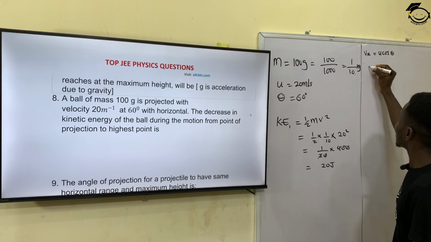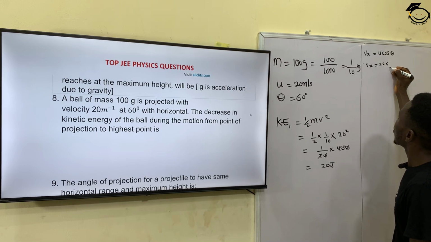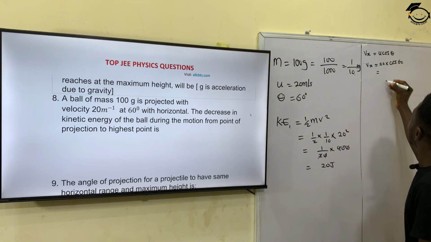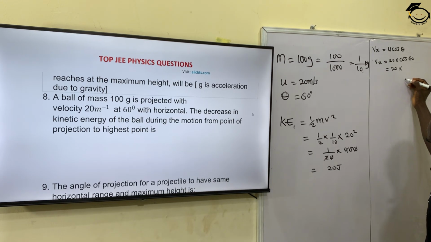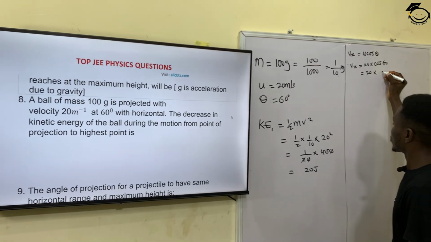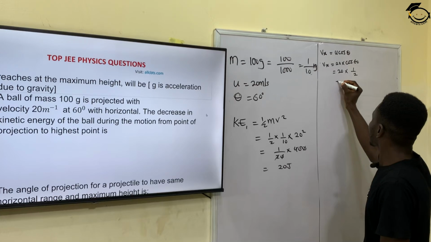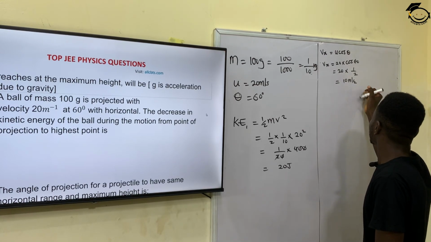And that will give me my u here was 20 times cos 60. And cos 60 is supposed to give me 1 over 2. So 20 times 1 over 2, and that will give me 10 meters per second.